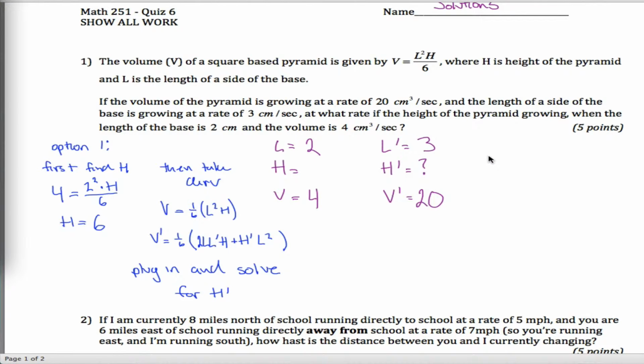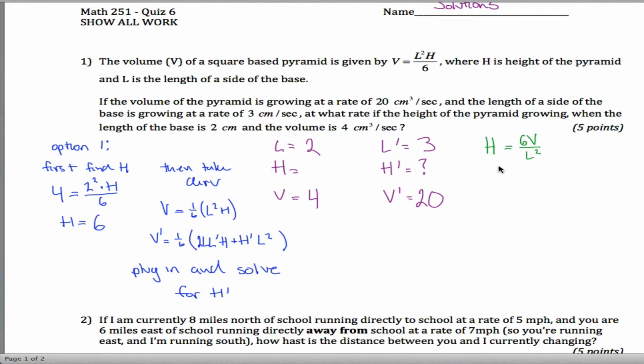Another option, since I didn't originally know H, is to solve for H first. If I solved this for H, then when I take the derivative of both sides, I won't have any H's in the problem. So I can multiply both sides by 6 and then divide by L squared to get that H is equal to 6V over L squared.